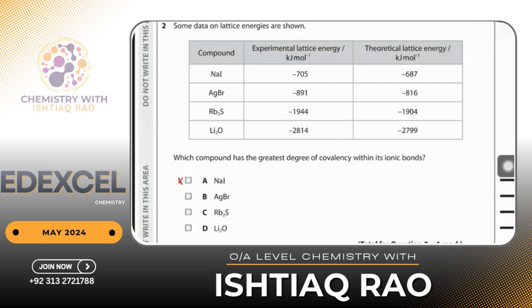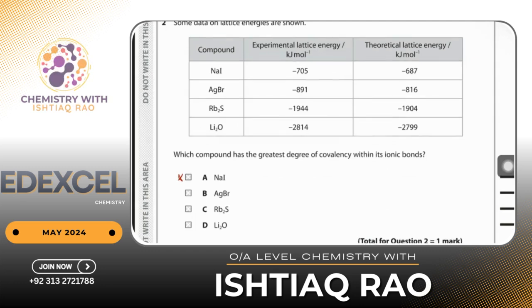If I look at AgBr, it has minus 891 and minus 816.